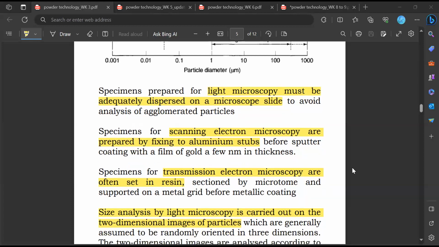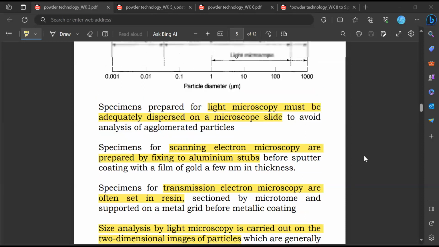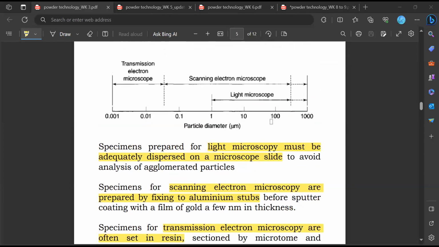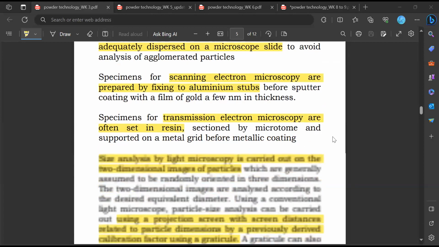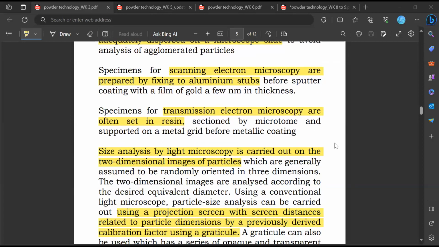Light microscopy is the simple one that we've seen in labs, but scanning and transmission electron microscopy are on the higher side and can show you very small particle sizes, like you can see in this diagram, where TEM goes from 0.001 and up. So it will give you a more accurate reading, and it will also show you the smallest particles in that powder mix.